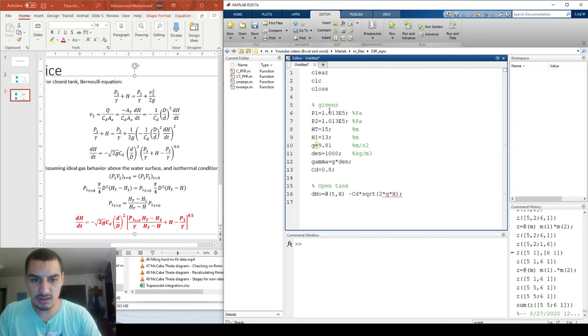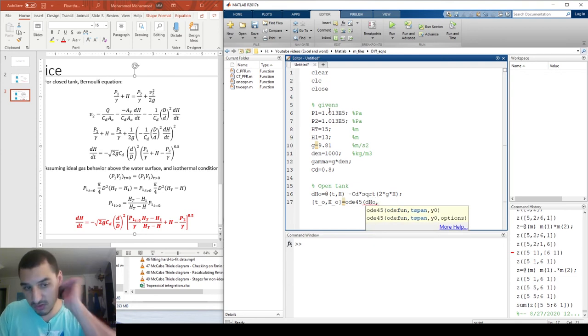I'm gonna just use the ode45 function to get the time open, and the height open is gonna be ode45.